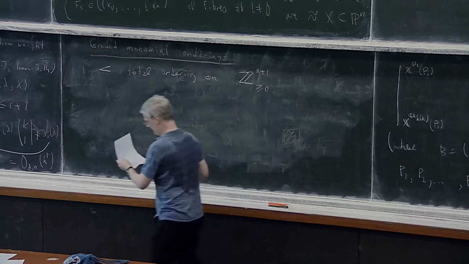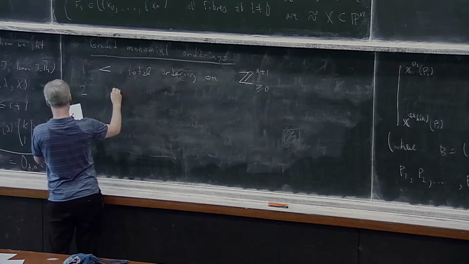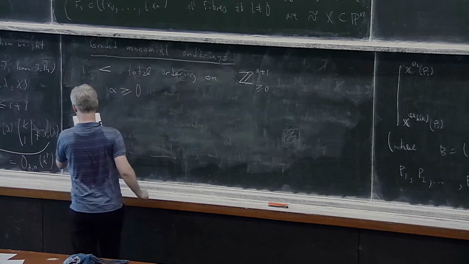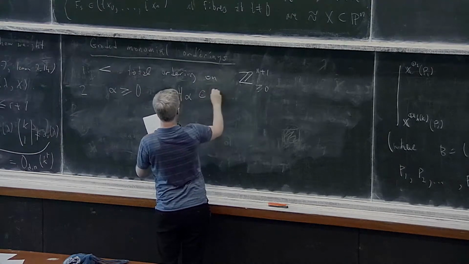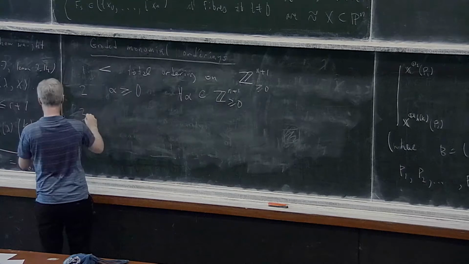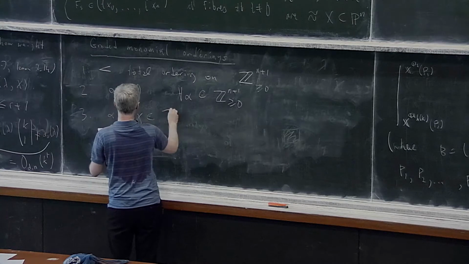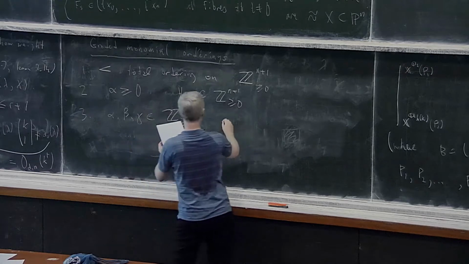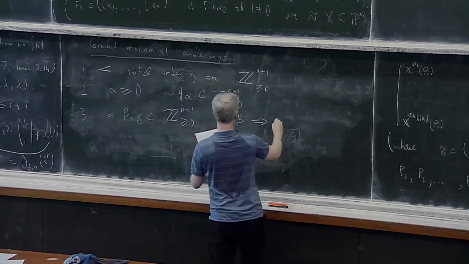Secondly, this ordering should be such that alpha is always bigger than the zero vector for all non-negative alpha. Third, if you have three such n plus 1 tuples alpha, beta, gamma, then if alpha is smaller than beta, this implies that alpha plus gamma is smaller than beta plus gamma.